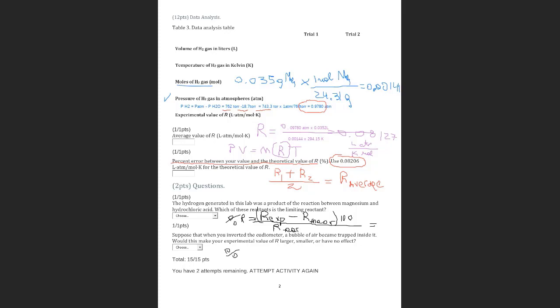So how are we going to do it? What are our numbers? When we use the experimental value, we are going to use the average. So for me, it's going to be 0.08145. This is my experimental value minus the theoretical value, the one accepted.